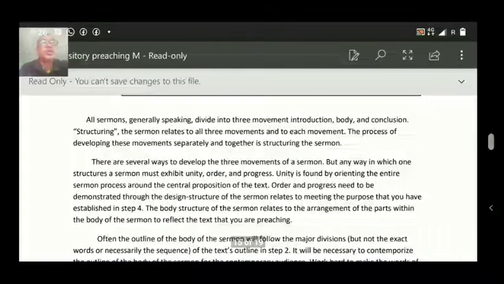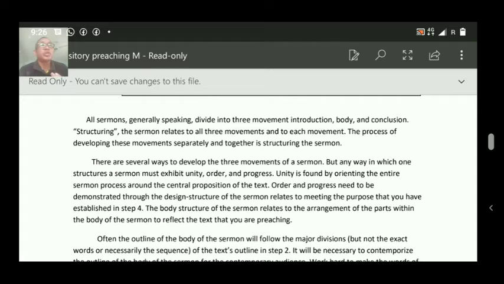All sermons, generally speaking, are divided into 3 moments: introduction, body, and conclusion. Structuring the sermon relates to all 3 moments and to each moment. The process of developing these moments separately and together is structuring the text.